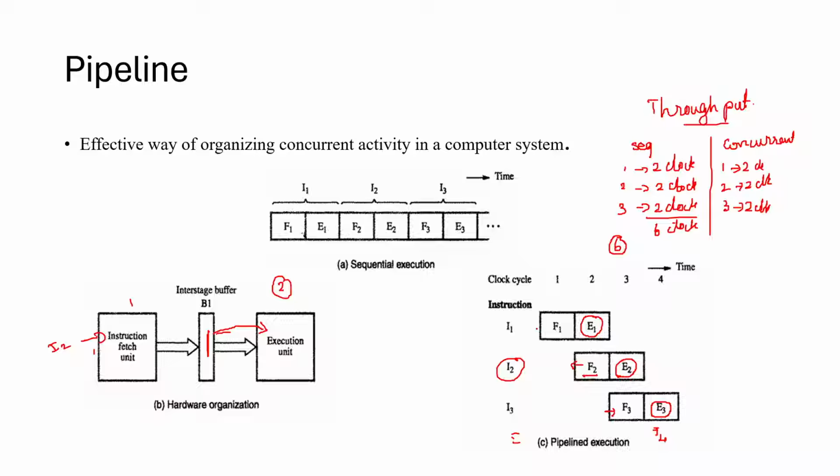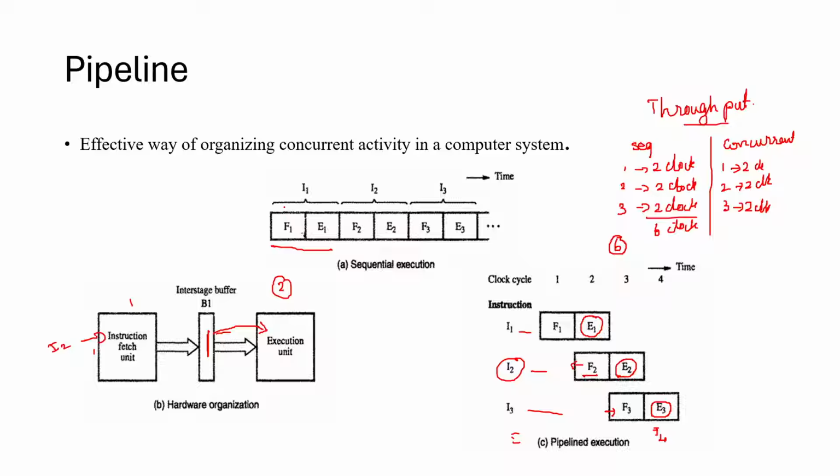Now you see each instruction has two clock cycles to complete its execution. Instruction 1 needs 2 clock cycles, instruction 2 needs 2 clock cycles, instruction 3 needs 2 clock cycles, just like sequential execution.